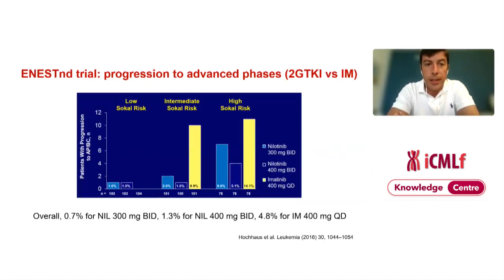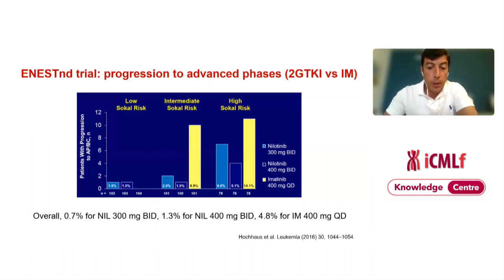Second generation TKIs showed higher efficacy compared to imatinib in the setting of advanced phase patients, and the probability of progression to advanced phase is very low when we use second generation TKIs first line compared to imatinib.